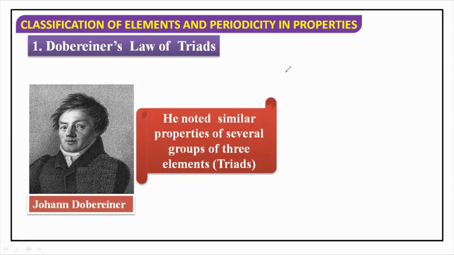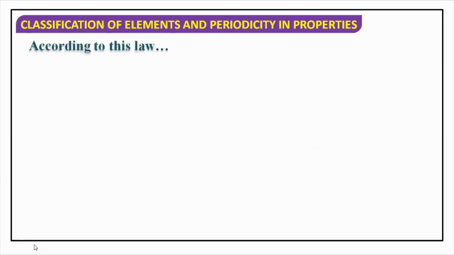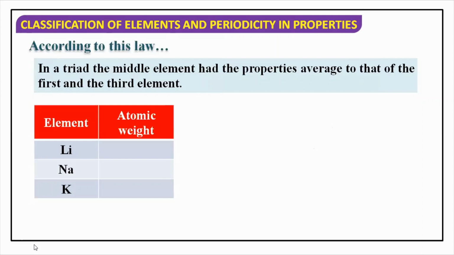According to this law, in a triad, the middle element had properties that were the average of the first and the third element. If we take a set of 3 elements, the properties of the middle element are the average of the first and third elements' properties.